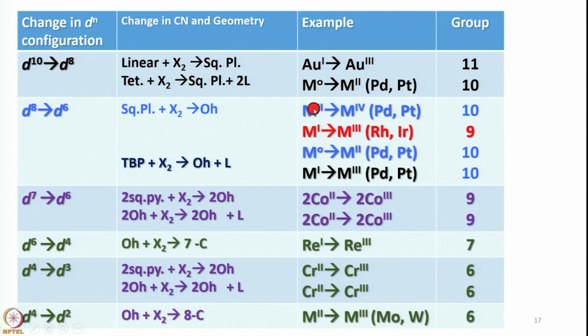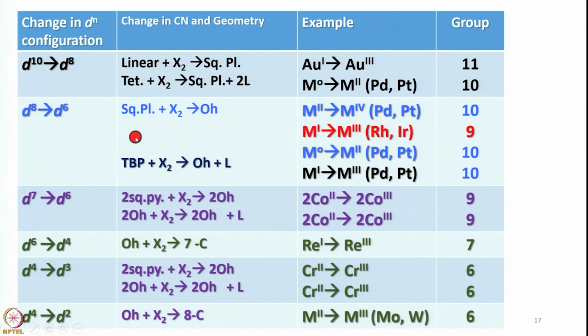One such is palladium or platinum going from +2 to +4, or rhodium and iridium going from +1 to +3, or palladium and platinum going from 0 to 2, also quite possible. Many square planar complexes of platinum and palladium in +2 state show this kind of oxidative addition.